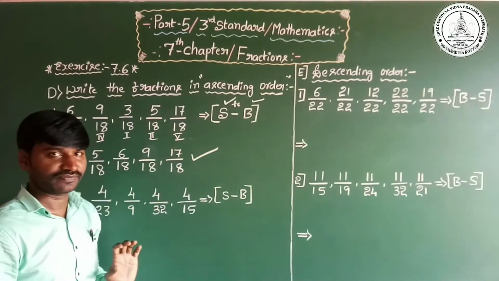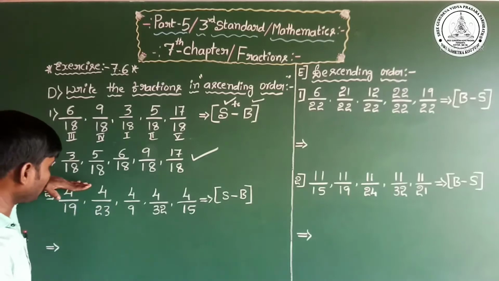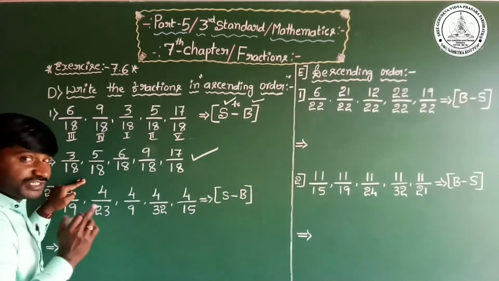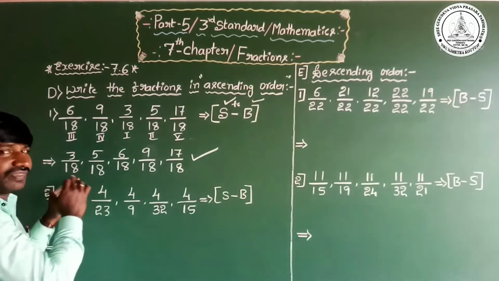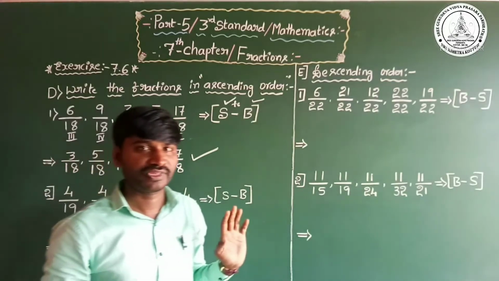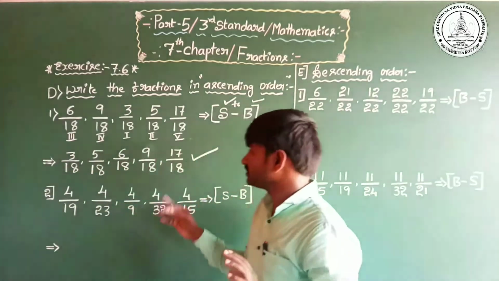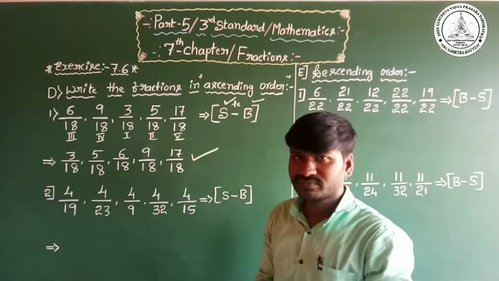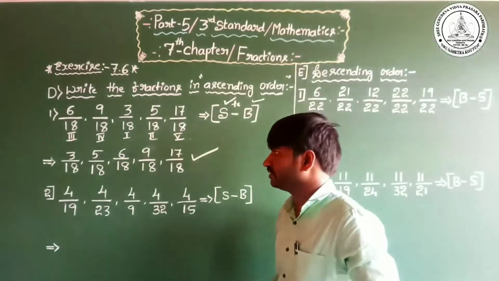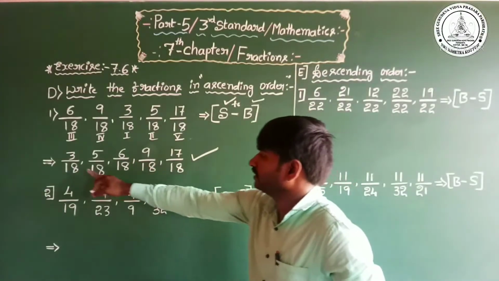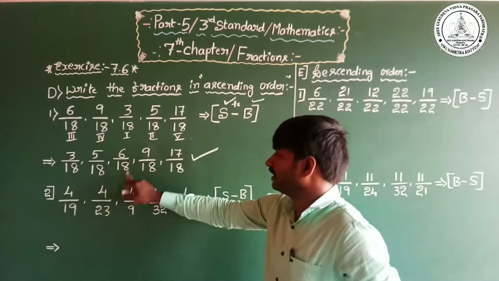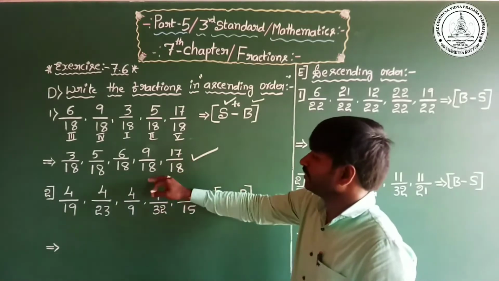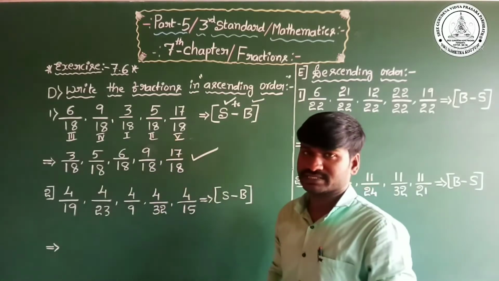When the denominators of the given fractions are the same, the fraction whose numerator is smaller is the smaller fraction, and the fraction whose numerator is bigger is the bigger fraction. Have you understood already? This is the ascending order of the given fractions: 3 by 18, 5 by 18, 6 by 18, 9 by 18 and 17 by 18.